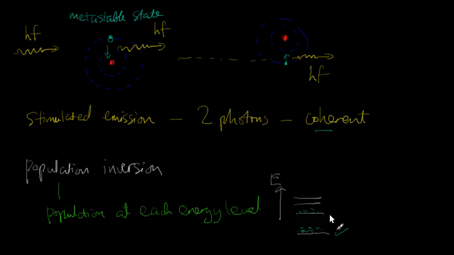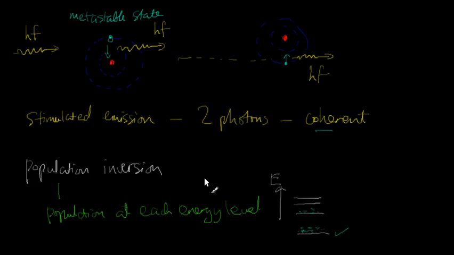That's kind of what we would expect, like when you drop a stone, it will actually fall down. So the word population refers to the population of atoms that have electrons at each energy level. Population inversion means that the normal population distribution is to have more electrons in the ground state and fewer electrons in the excited state.